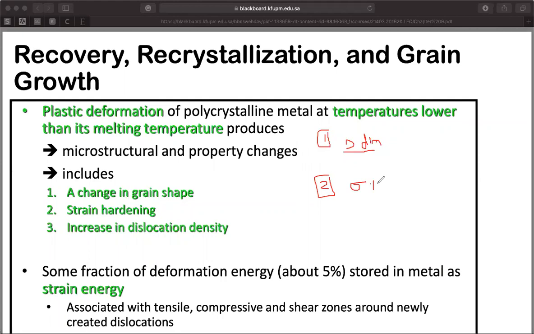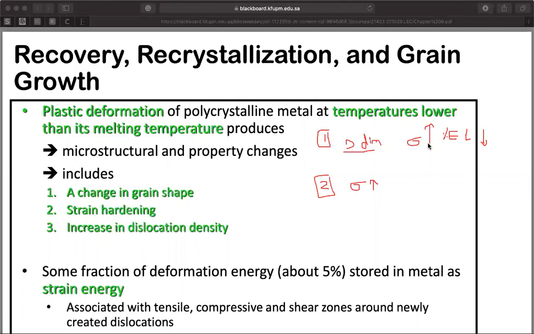Now, in both cases, what's happening? If you permanently change the dimension, if you plastically deform the material, the consequence of this, even if you don't want that to happen, is that it will happen. You will increase the strength of the material. And also the consequence is you're going to decrease the ductility of the material.